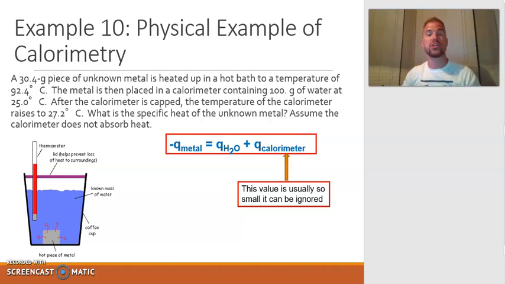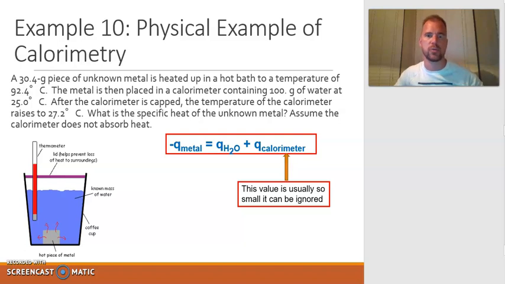Remember, thermal energy is always going to go from hot things to cold things. So the thermal energy is radiating out of the hot metal, and it's being absorbed by actually two things. It's being absorbed by the water, but it's also being absorbed a little bit by the material that makes up the calorimeter itself.